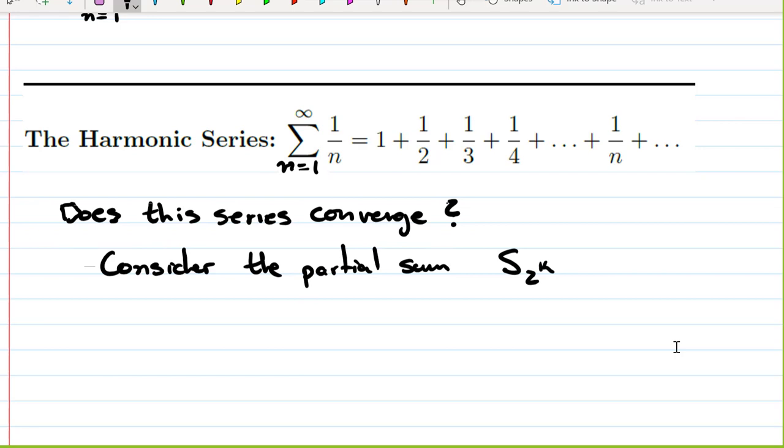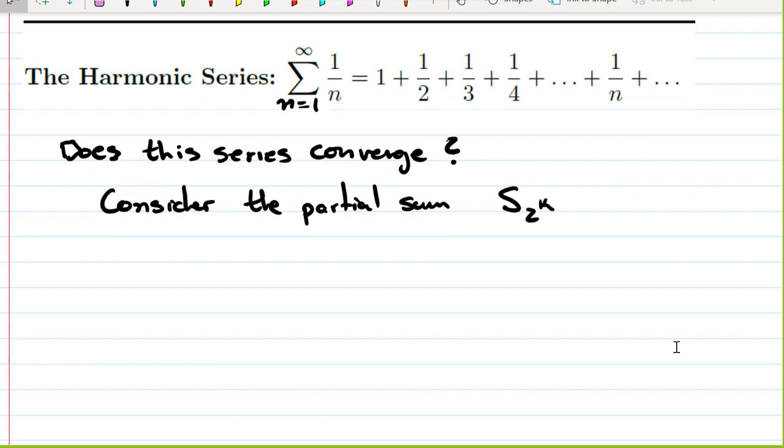To give an idea of what that is, when k equals 1, that's going to be just s sub 2, because 2 to the first power is 2. So that's going to be 1 plus 1/2.